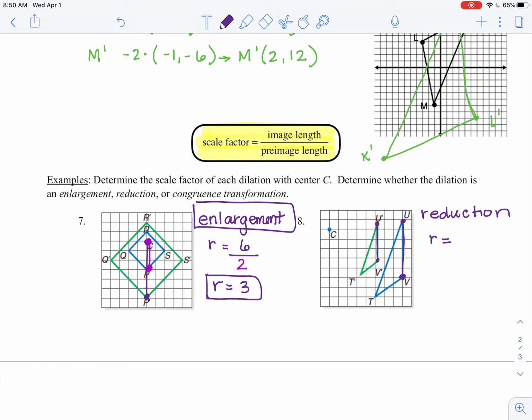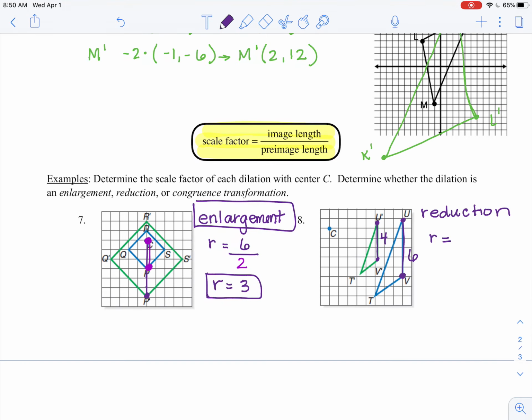So this is the other way to figure out the lengths. From U to V is 6 units long. U prime to V prime is 4 units long. We always divide the image over the pre-image. So here we have 4 over 6, or a scale factor of 2/3.